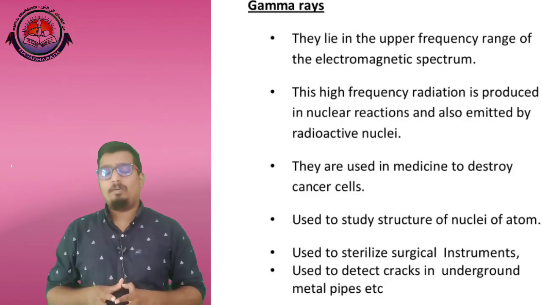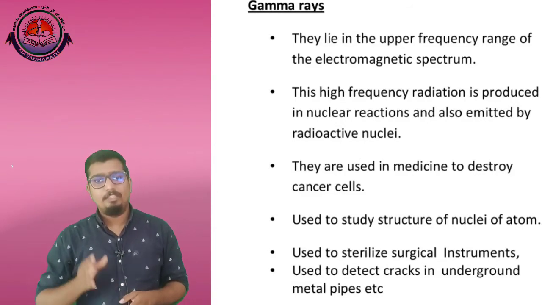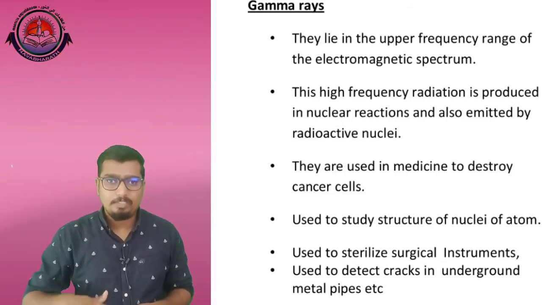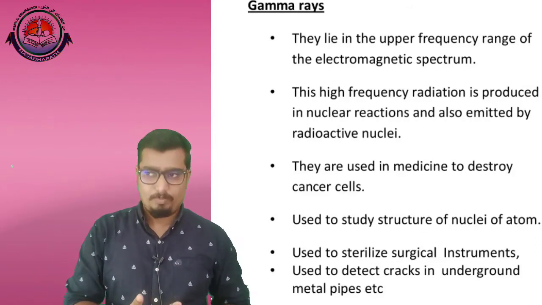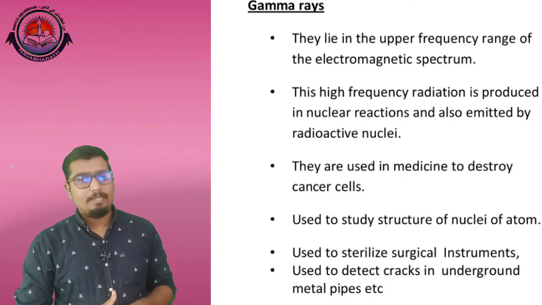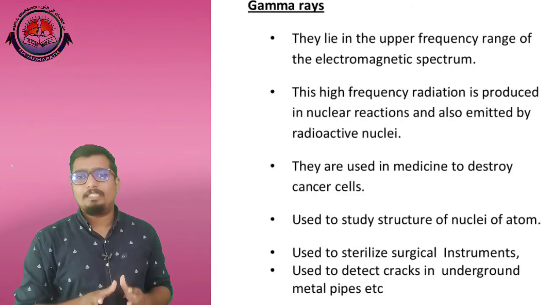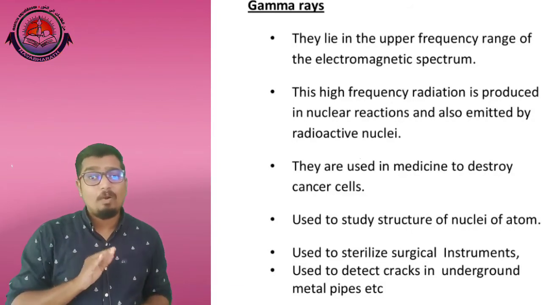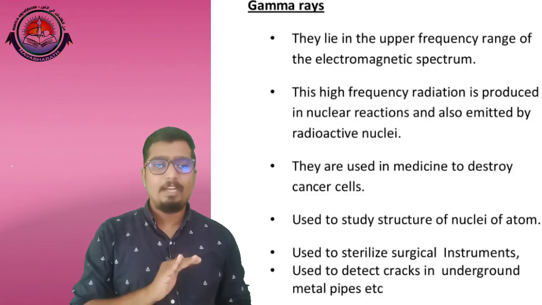Another use of gamma ray is to sterilize surgical instruments, and to detect cracks in underground metal pipes.